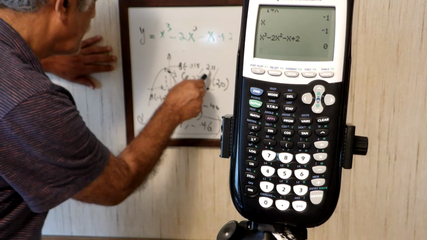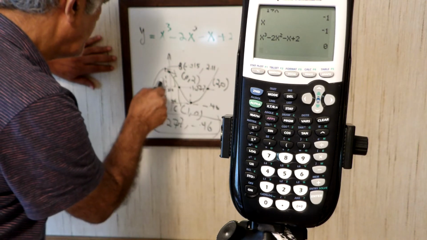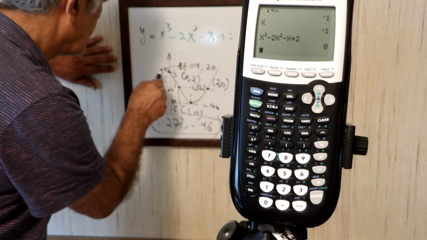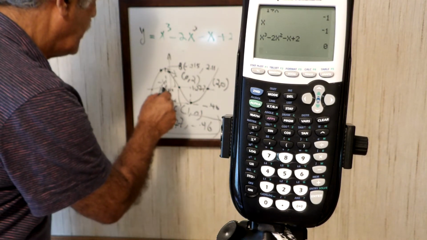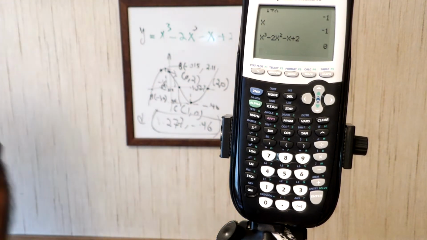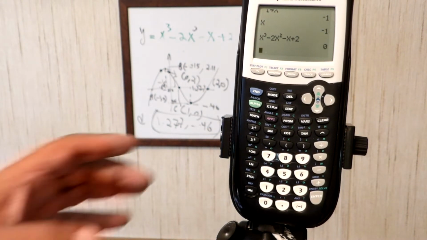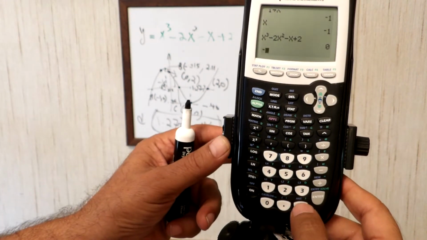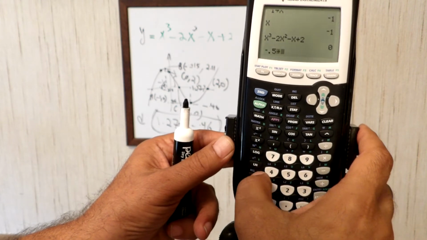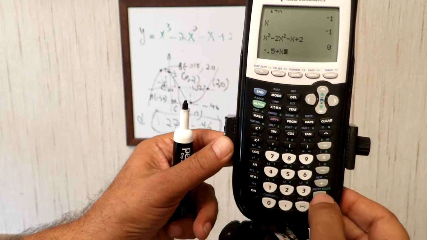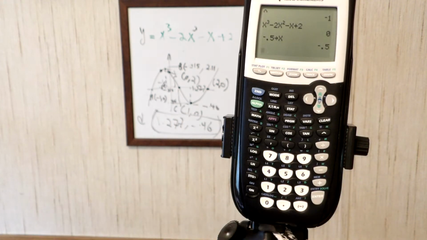The maximum point is somewhere around here, so -1/2 is somewhere like that. You put -0.5, store x. Now the value of x is -0.5.